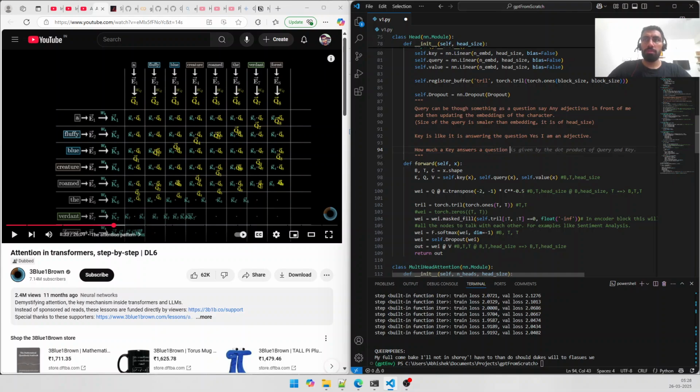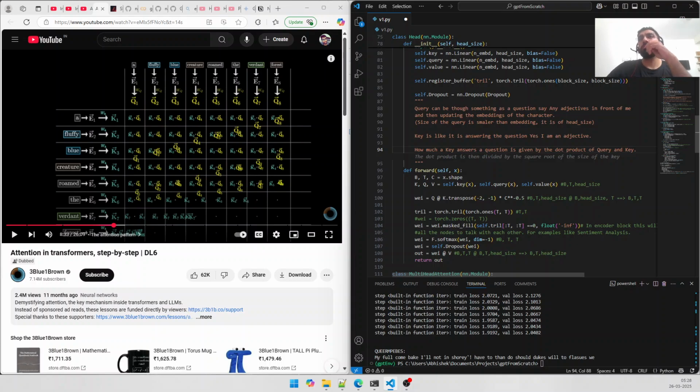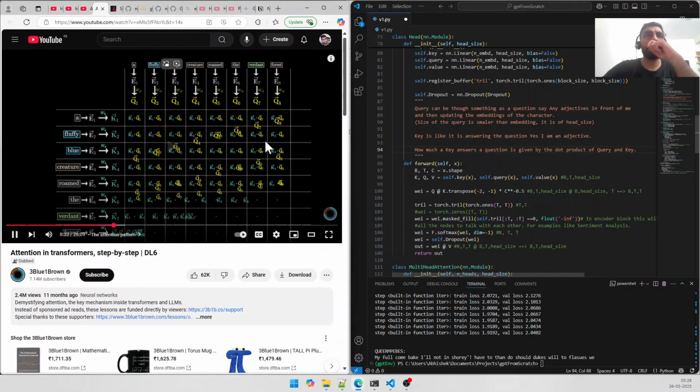The answer to the question is given by the dot product of the key and query pair. That is this step.